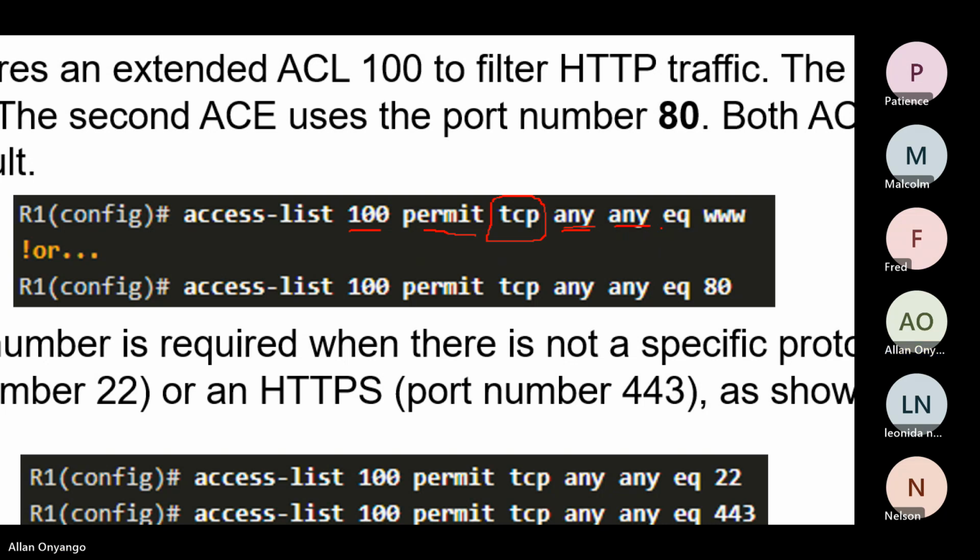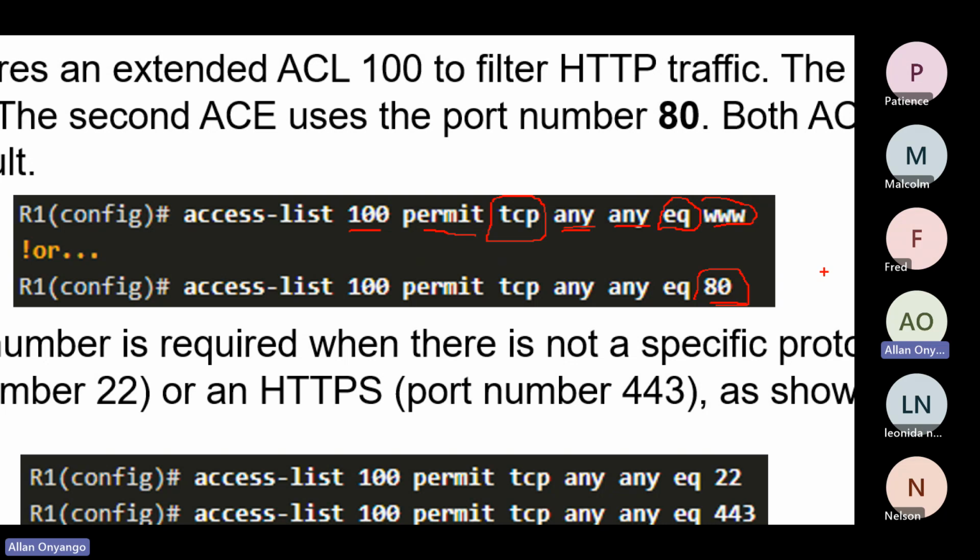Then you put what this TCP traffic is going to be equal to. What is the specific one? The specific TCP traffic we want to filter is HTTP traffic. For HTTP, you can either use www or use 80, the same thing. When you put port 80 or you put www, it is still the same thing.